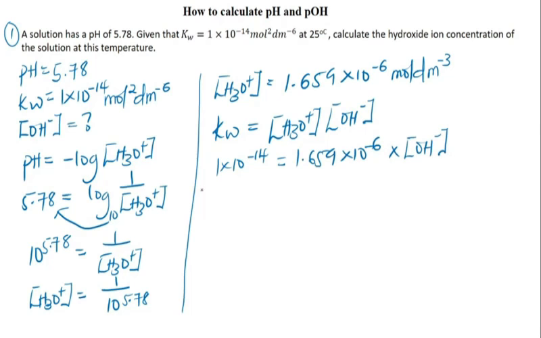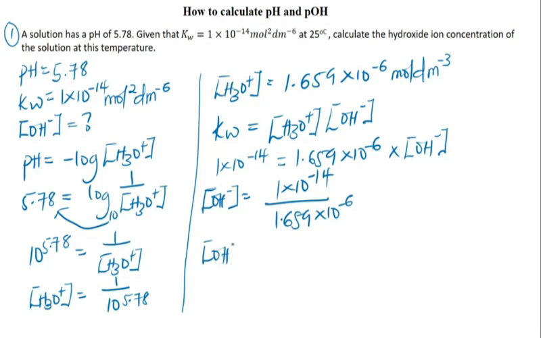Making OH minus the subject, we are going to divide Kw, which is 1 times 10 raised to the power minus 14, by 1.659 times 10 raised to the power minus 6.